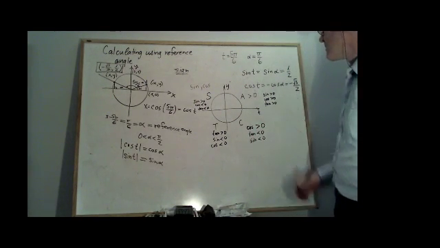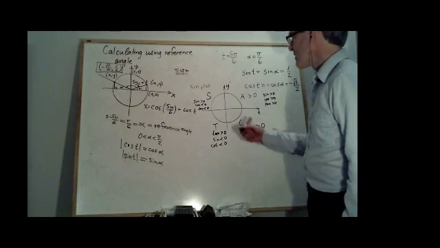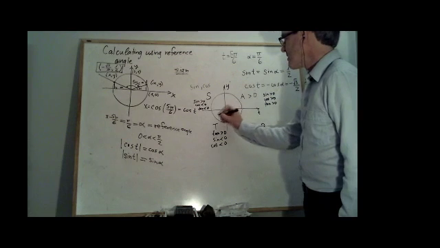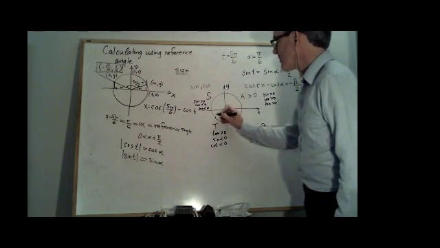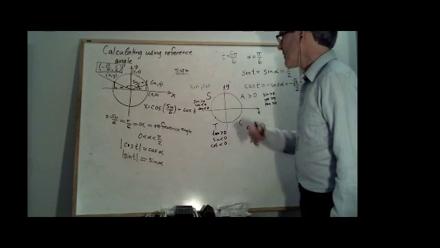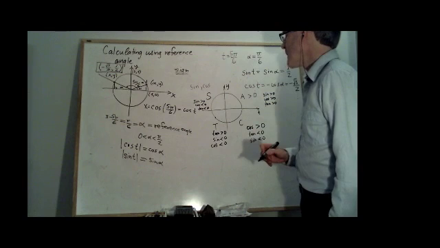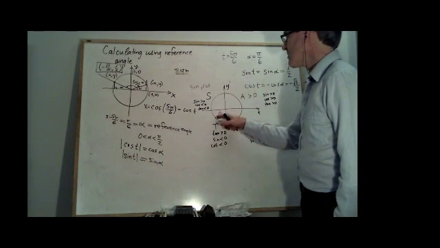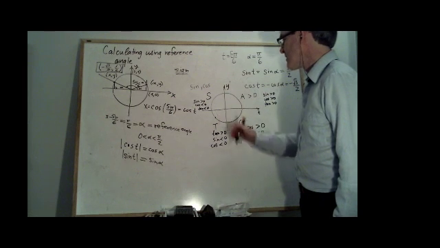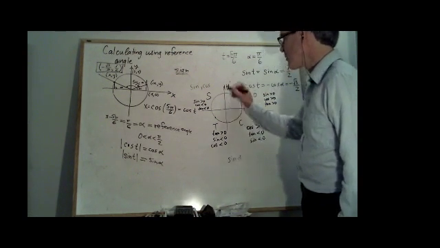Okay, well, an even easier way possibly is you have the point here, you find the reference angle, you find the absolute values of the sine and cosine. It's just the sine and cosine of the reference angle. And then if it's the sine function, you choose the sign of the sine function to be positive or negative depending on the y value.